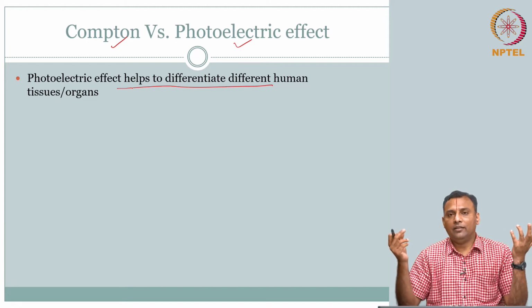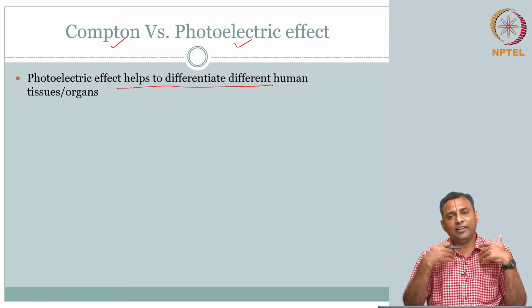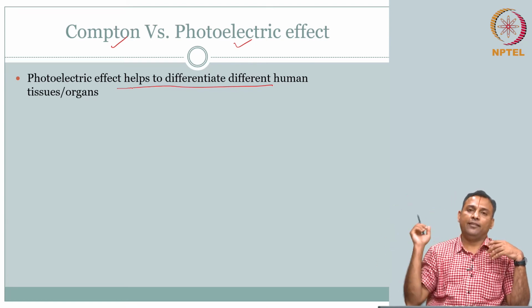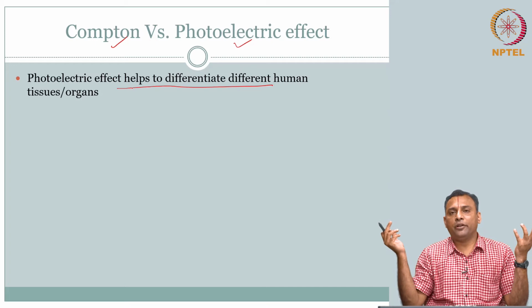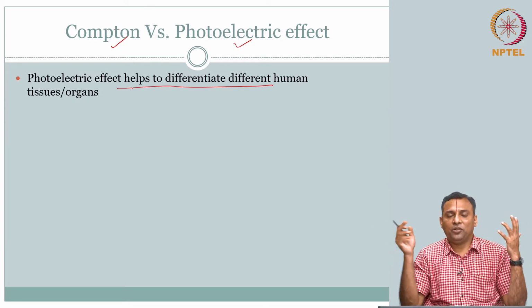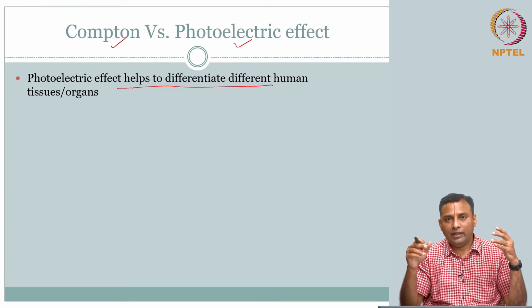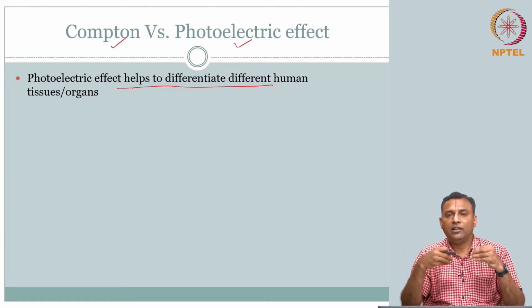Or at the other extreme, I send everything and everything is lost inside, I get nothing outside. Then also you cannot comment, because your output is 0, so you cannot tell what is there inside the body. So photoelectric effect helps because of this differential attenuation of the X-ray energy by the tissue materials.